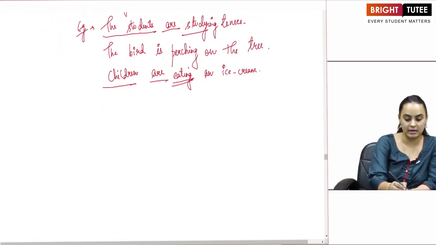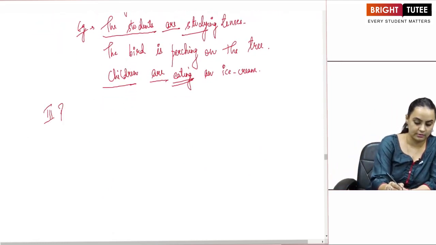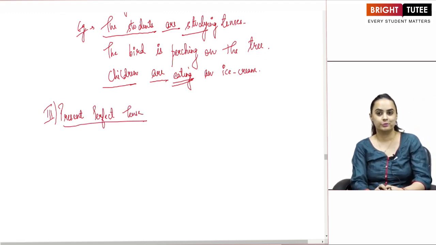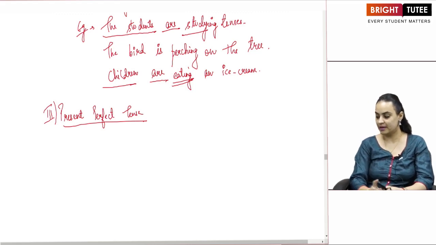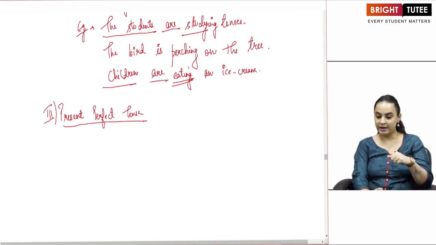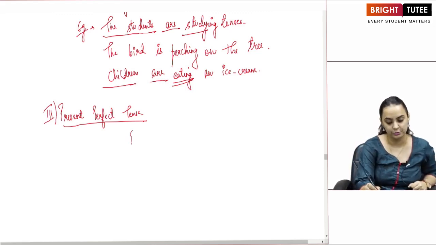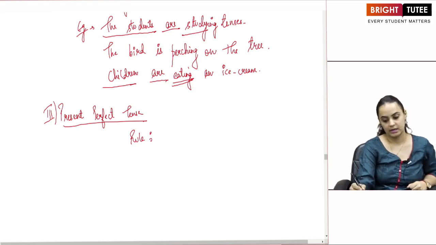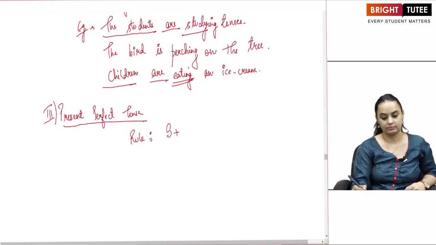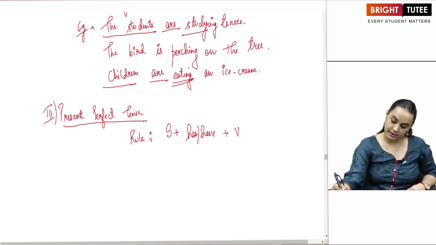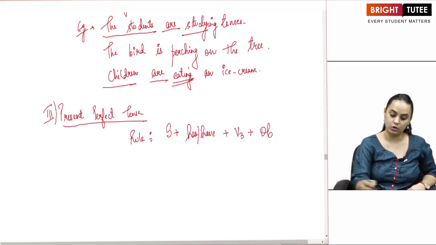The next one is present perfect. So we have the present perfect tense. Now for the present perfect tense, what is the rule? Subject plus has or have plus third form of the verb and object.